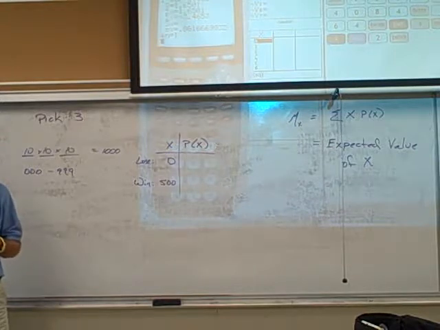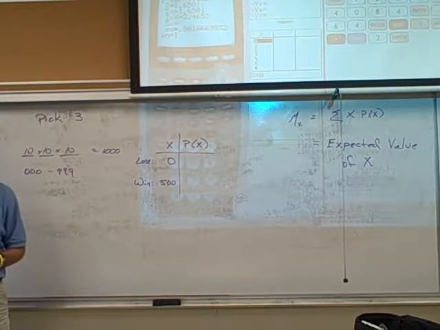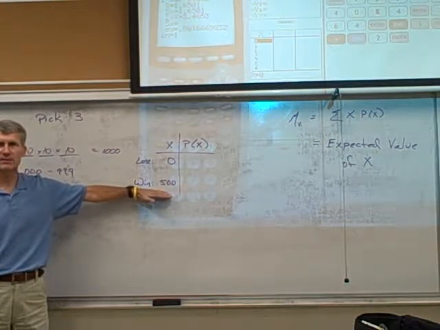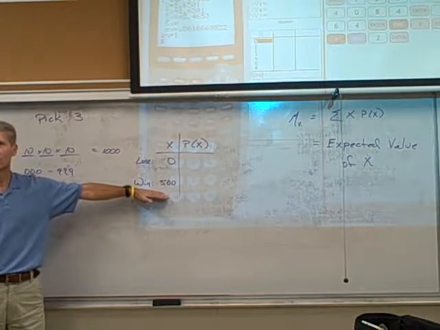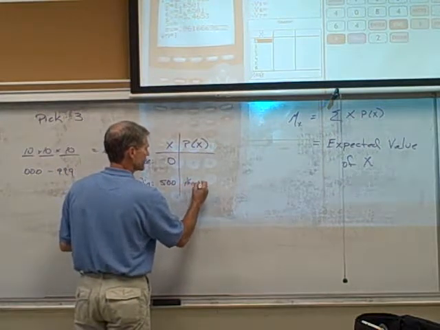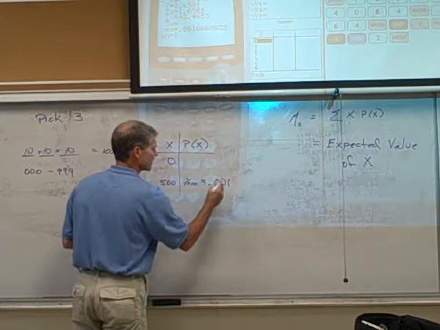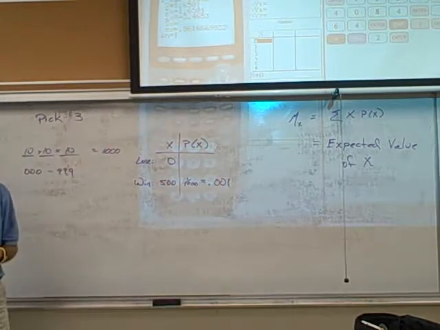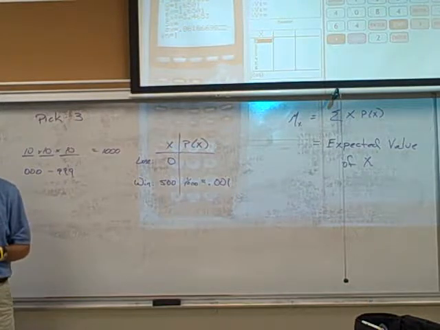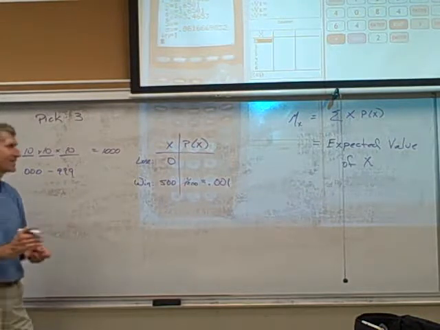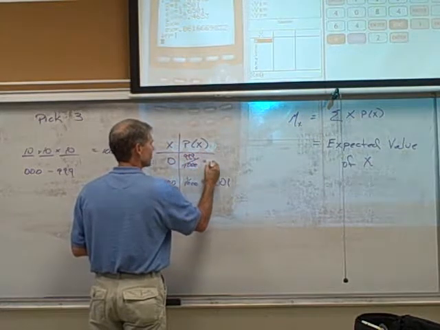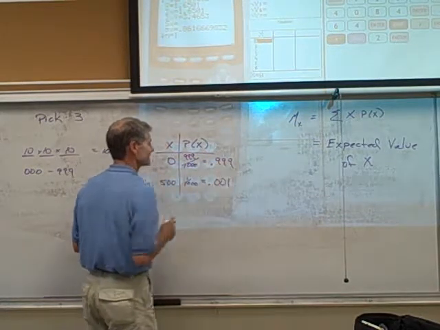Now we need to list the probabilities for each of those. Let's do the win first. We already said that. The probability of a win is 1 in 1,000, so that's 1 over 1,000 or 0.001. So what's the probability you lose? 999 out of 1,000. So 999 over 1,000 or 0.999. Right?